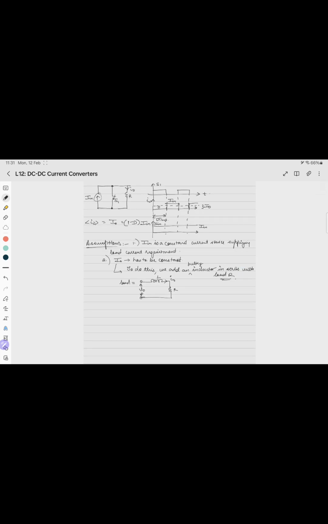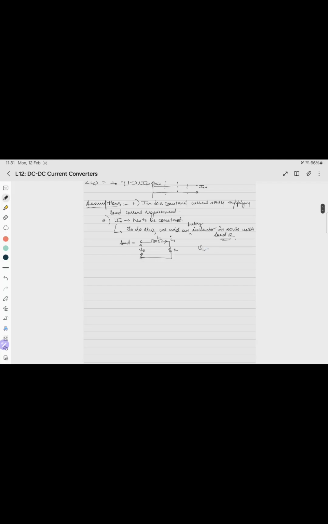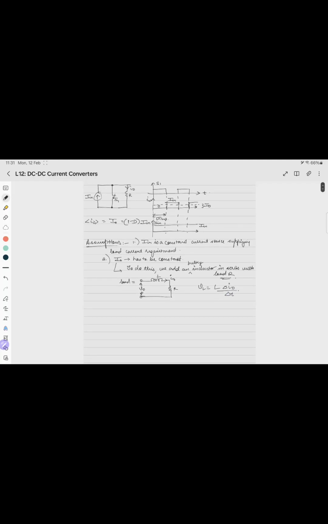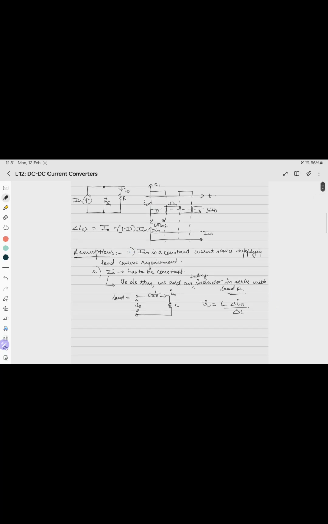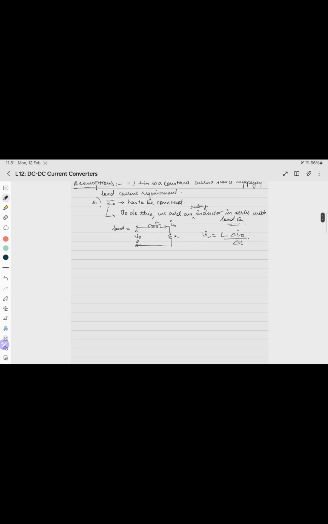Now we know that V L is L di by dt, or L delta I naught by delta t. As the switch is turned on and off, the value of the current in the load suddenly changes from 0 to I in. This is a very sharp change, so di by dt is very high.